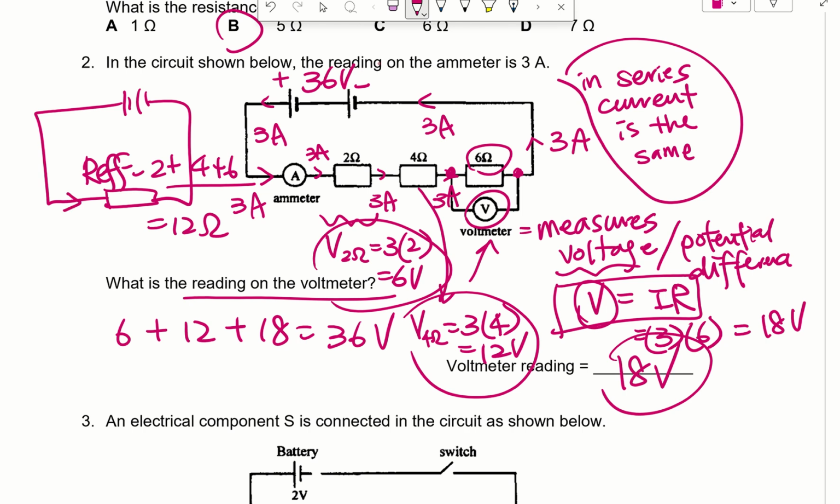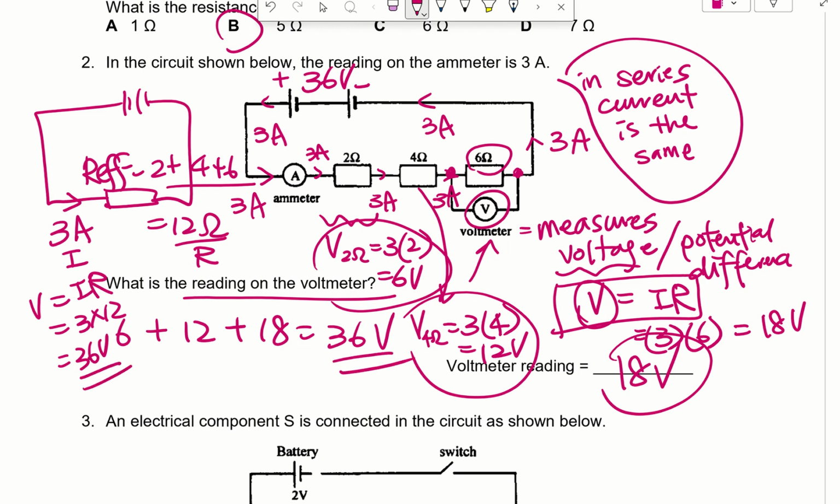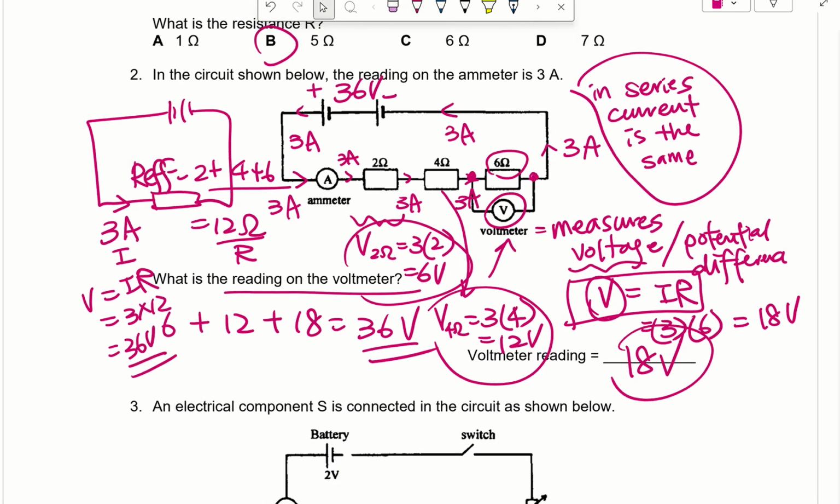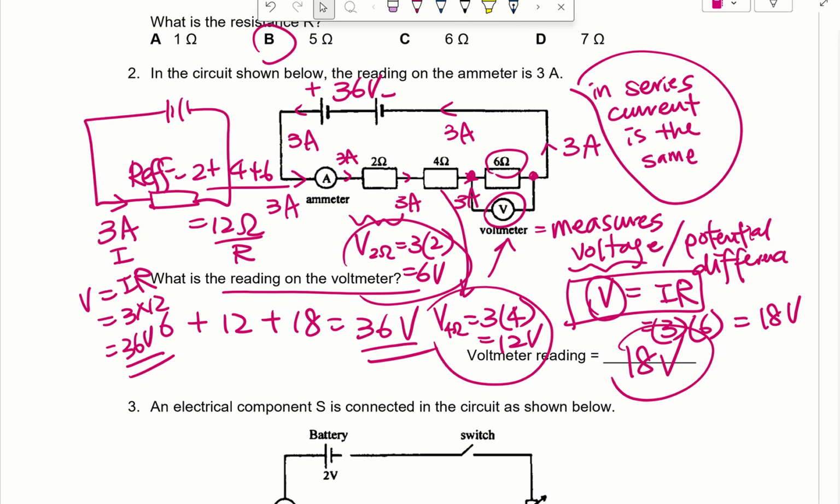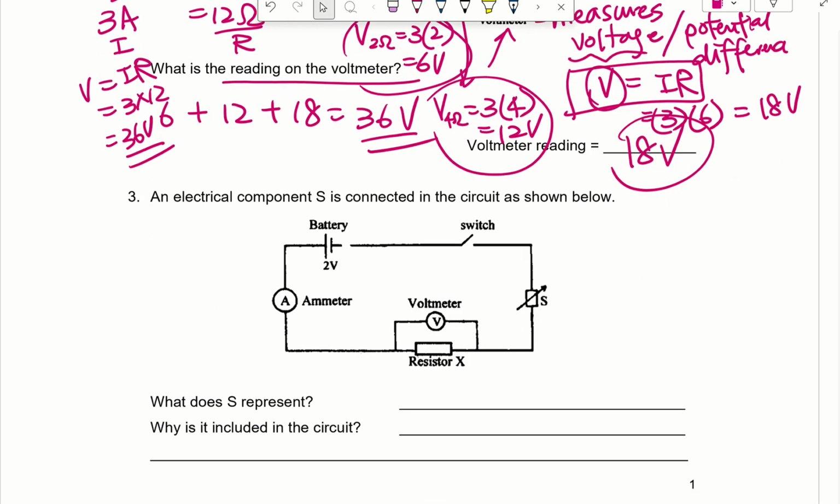And I know that the current is 3 ampere. So I have my I, I have my R. So I can actually calculate the voltage to be V equals IR, which is 3 times 12. So I will have 36 volts, which is the same answer as what I have done just now. Okay, so this is just an extension to this question.